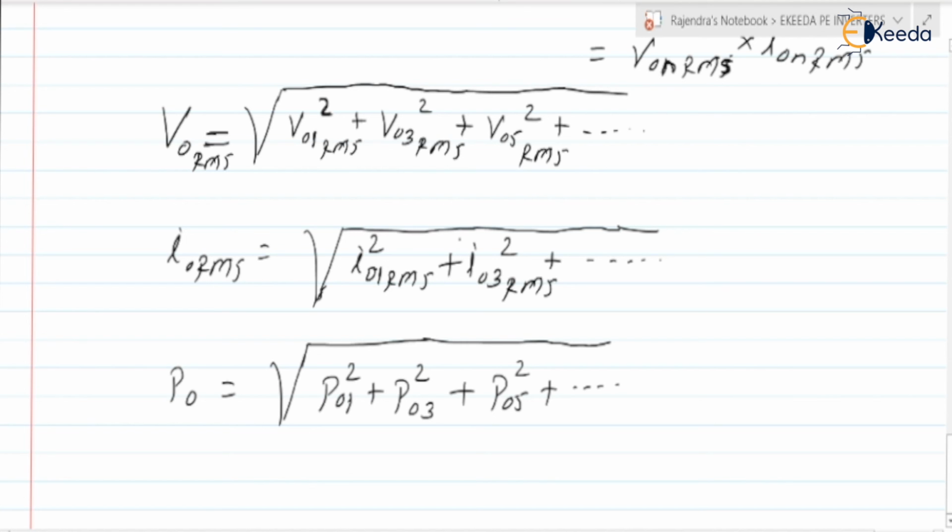Because the frequencies of the different harmonics are different. Okay, so this is the discussion on harmonic contents in the output voltage of single phase full bridge inverter with purely resistive load. In the next video we'll discuss the single phase full bridge inverter with RL load. Thank you.